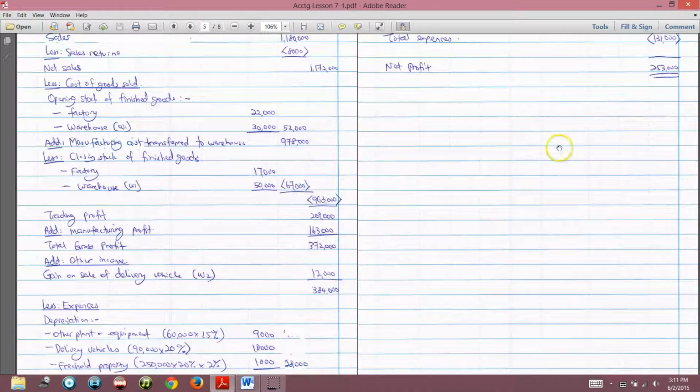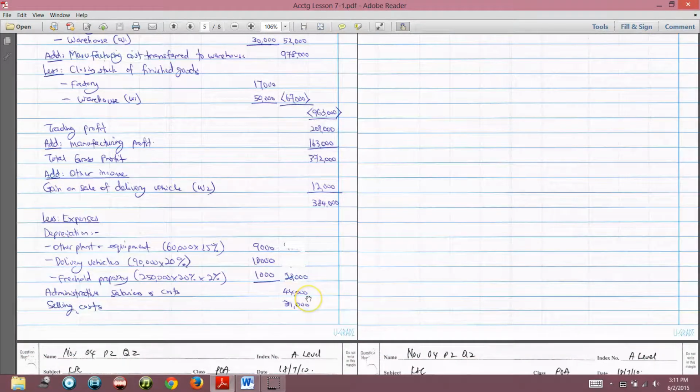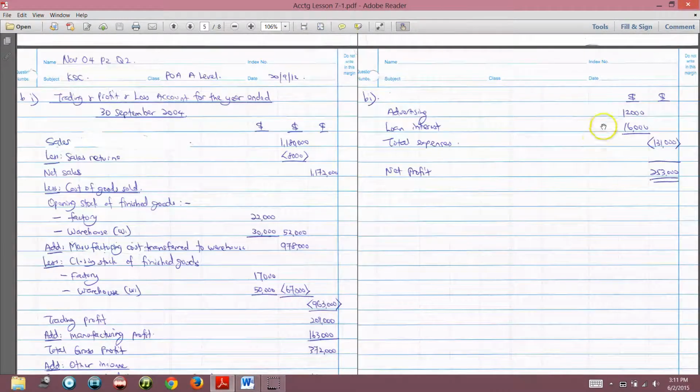You see, expenses is on another piece of paper. So under expenses, you have selling costs, 31,000, and then you have administrative and salary costs. Depreciation, I hold on first. So I'm putting in all the easy figures first. Advertising, 12,000. Loan interest, 16,000.